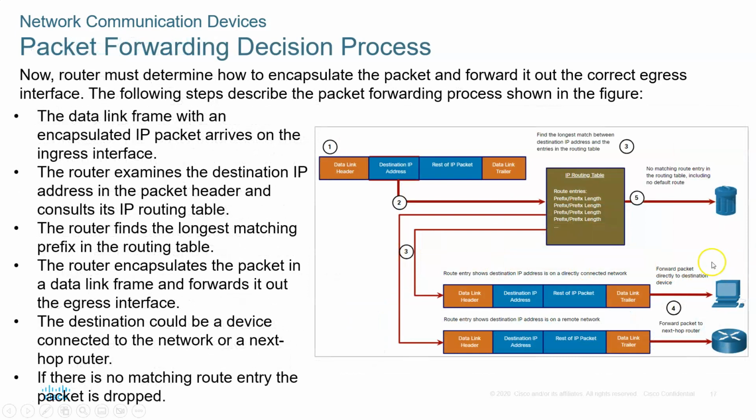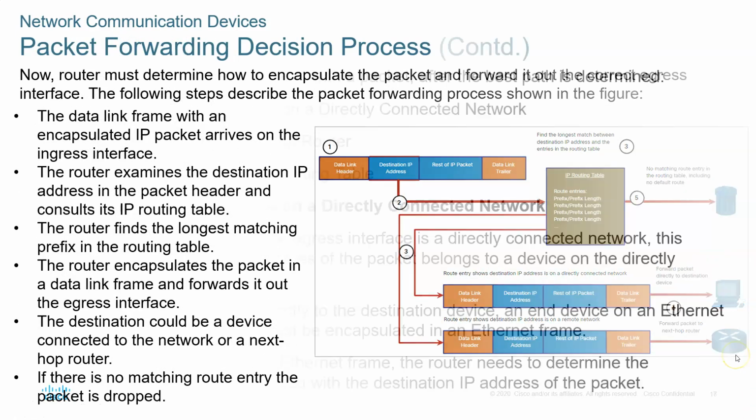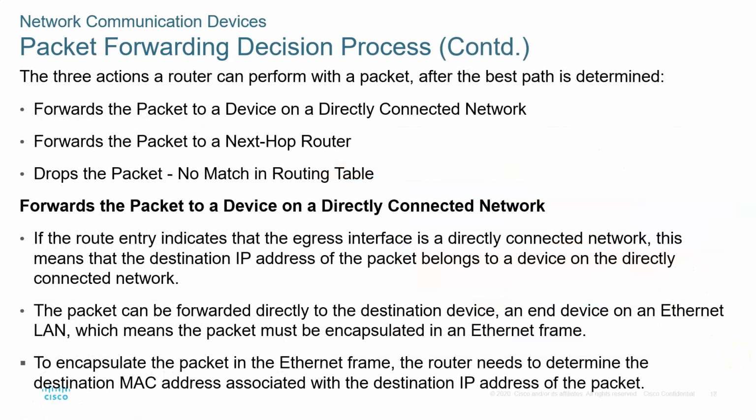So that's when they are deciding, and then the router will re-encapsulate the packet. So we forward the packet directly to a connected network, or to a next hop router. And if there is no match, you drop the packet. But remember, ICMP will send out a packet back to you telling you that the network was unreachable.